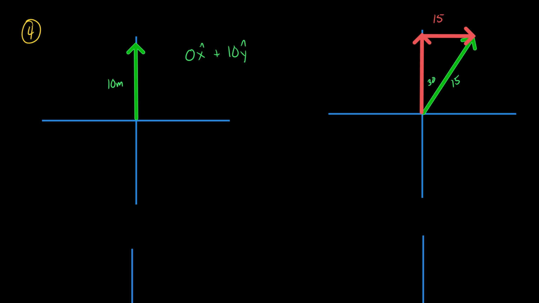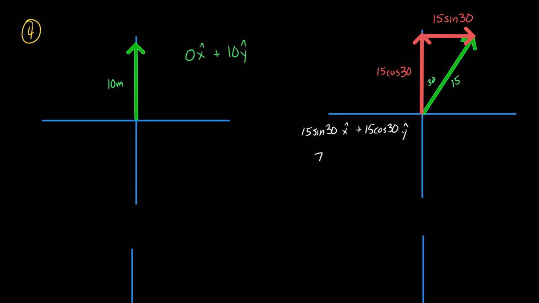So 15 sine 30, 15 cosine 30, both positive. So 15 sine 30 x hat plus 15 cosine 30 y hat. Writing that specifically to ensure that we lose this idea that x always goes with cosine and y always goes with sine. Choose carefully, but there's really no reason to get them all locked in like that.